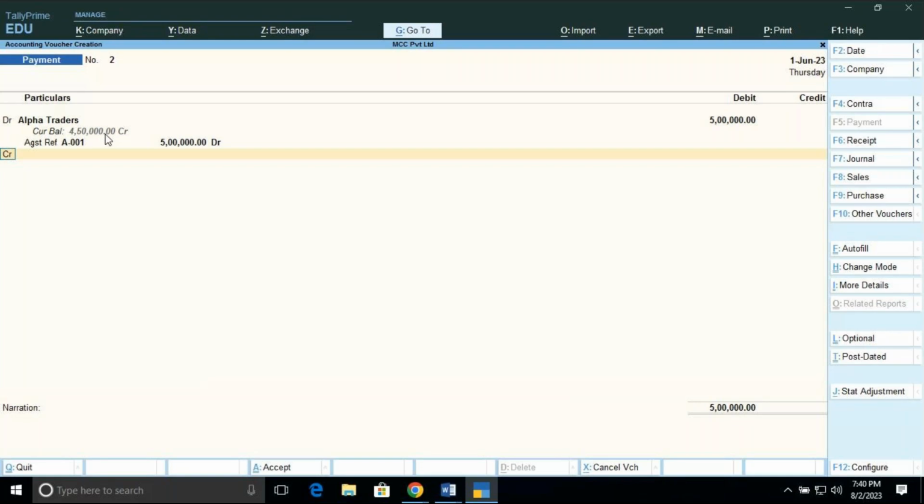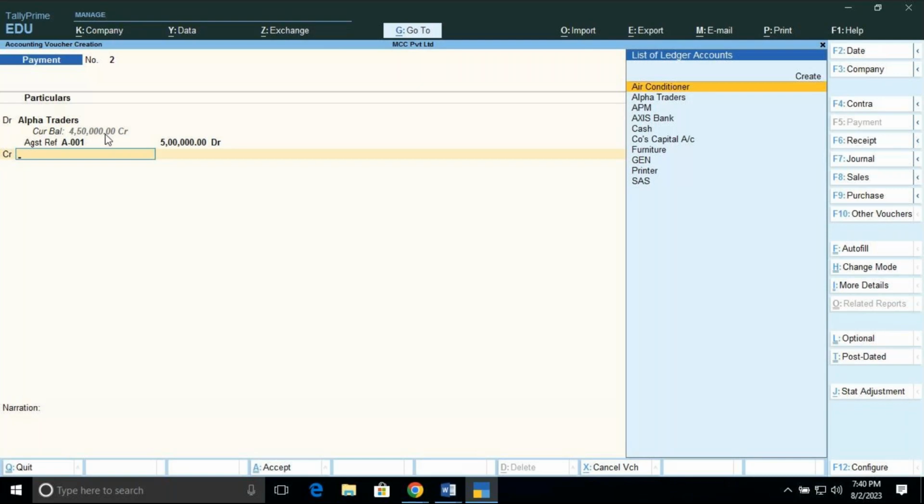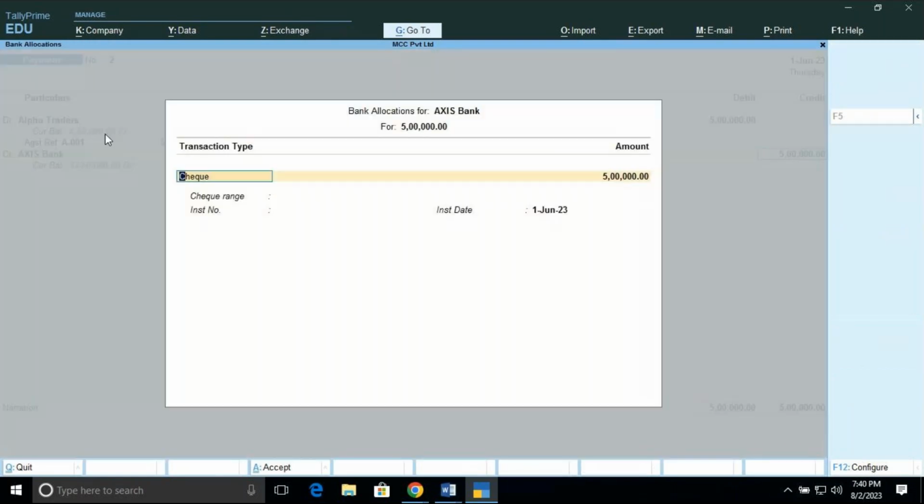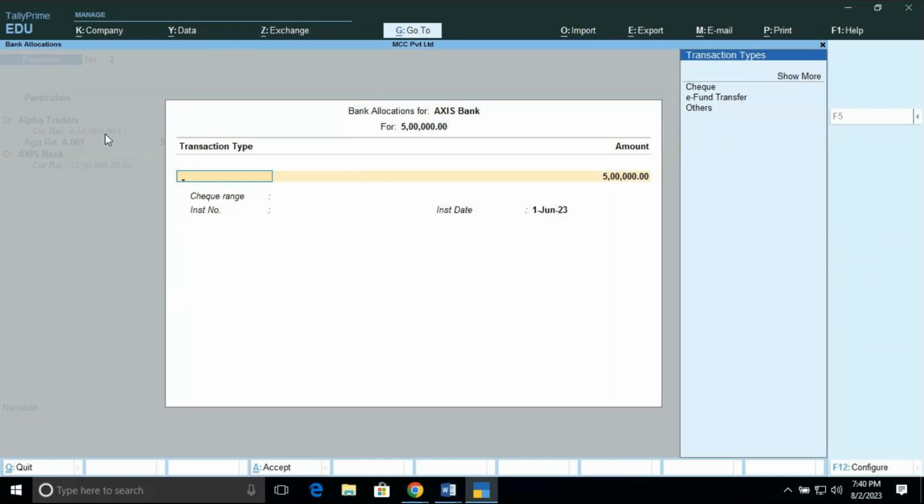So now I'm making a part payment. Axis Bank, I'll say. I'm making part payment to Alpha Traders, 5 lakh. If it is a cheque, you give cheque information, the cheque instrument number it is asking. You can also do net banking, e-fund transfer.